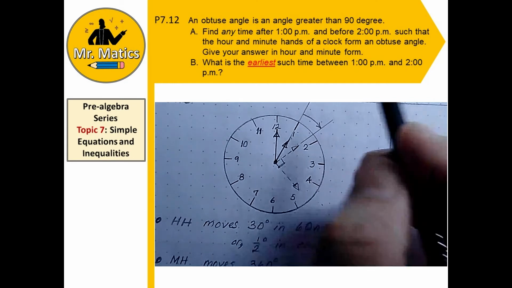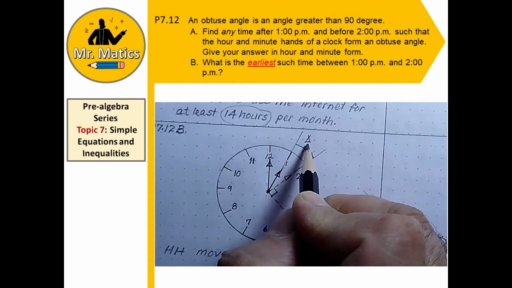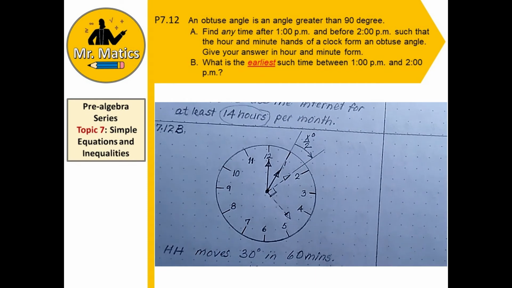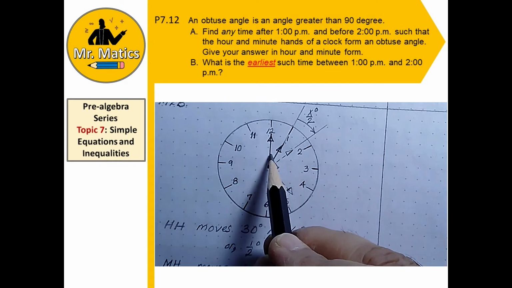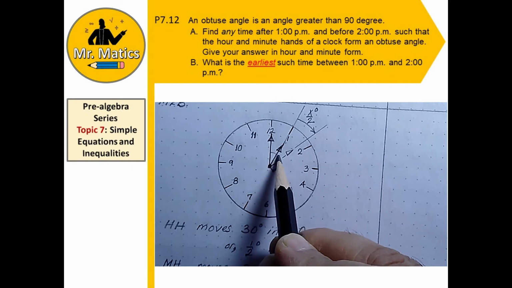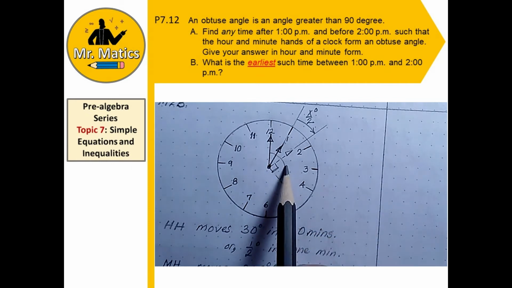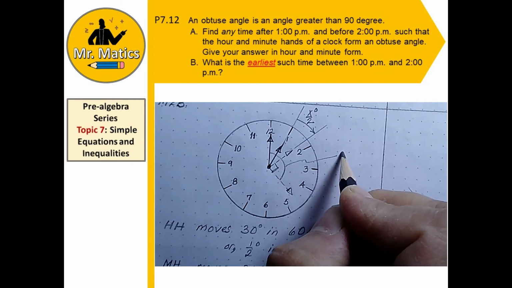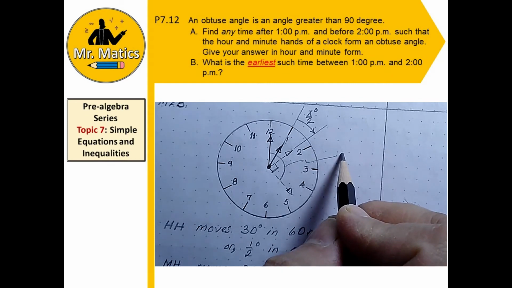So it must be half times x, or x by 2 degrees. And the minute hand has moved this whole angle going from here up to here, this whole angle, is x times its speed, which is 6 degrees per minute, or 6x.